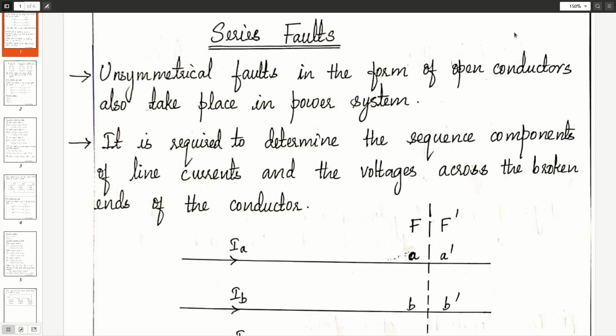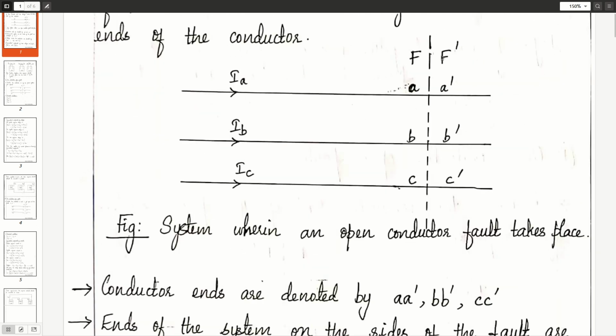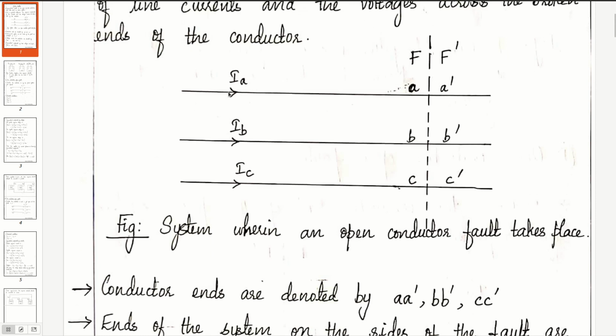So let us consider the three-phase network as shown in this diagram. The three lines are A, B and C respectively. Let IA, IB and IC be the three currents flowing through the three lines. The two ends of the conductors are denoted by A A dash, B B dash and C C dash in the three phases A, B, C respectively.